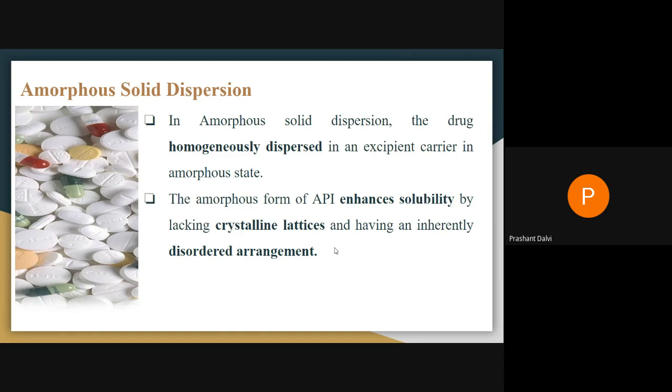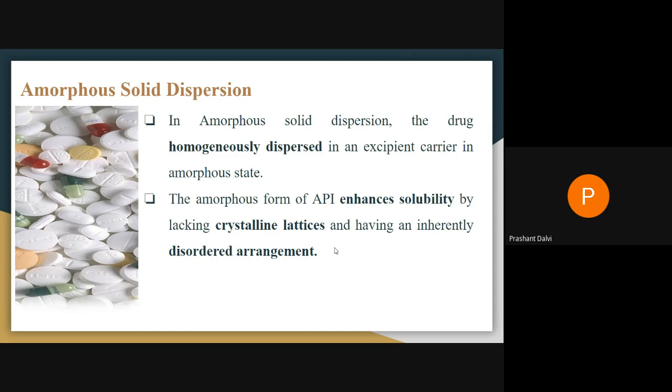Why only in the amorphous state? Why not in others? As you all know, amorphous molecules have high energy. That's why they show more solubility in given solvents. Also, the enthalpy and entropy of these molecules are very low, so they show more solubility.